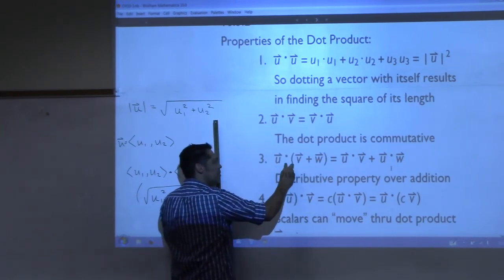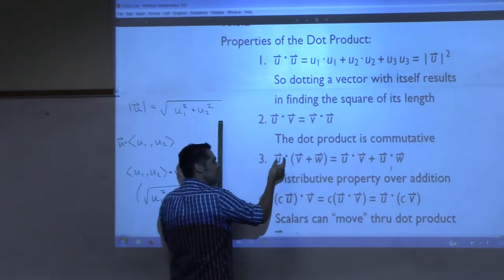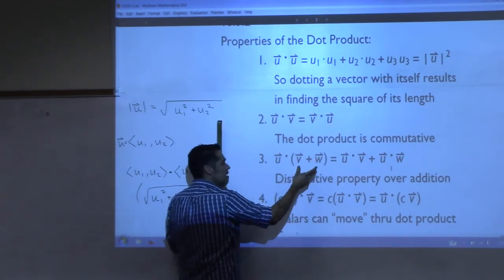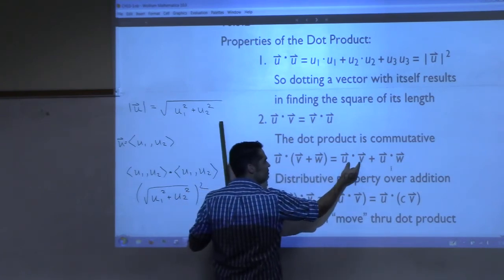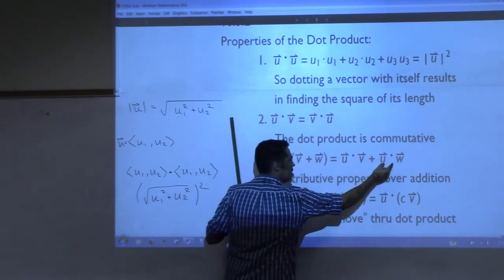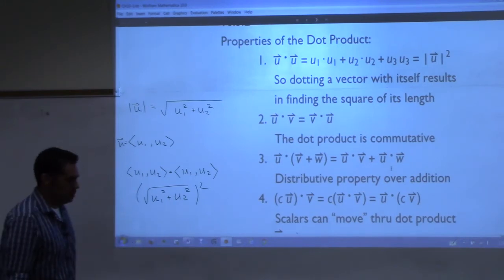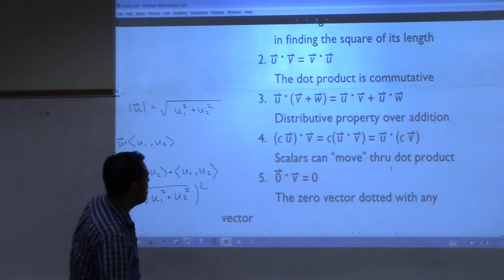And if I dot that with u, I get an answer. This says that you can do a dot product distribution. So instead of adding these together first, you can actually just dot u with this one and u with that one, and then add those two answers and you get the same result. We won't verify these. We're just going to look at them as properties.